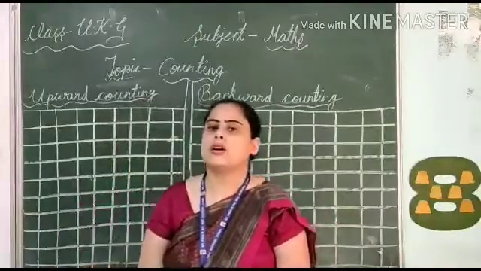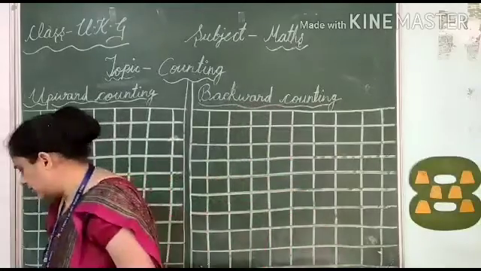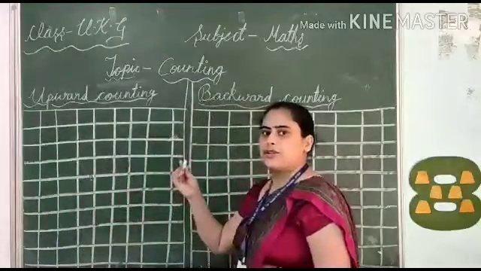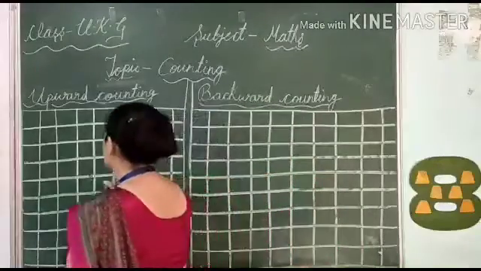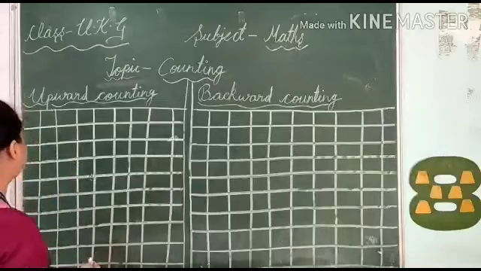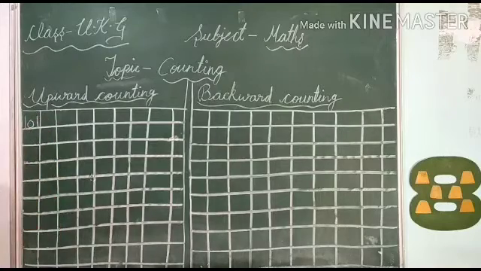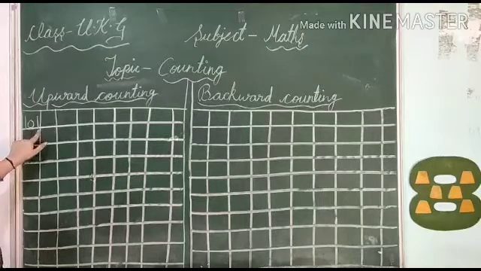I'll show you how to write numbers from the board. See, this is upward numbers, upward counting. You have to write like this: 1, 0, 1. Is this the way to write the numbers? Children are writing 1, small 0 and 1.